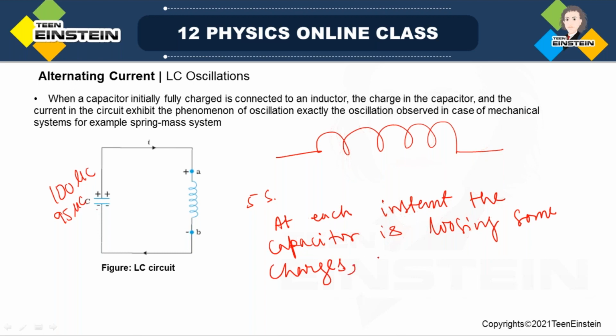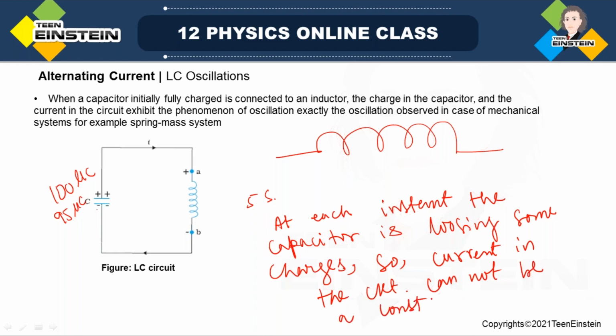So the current in the circuit cannot be a constant current. It will be a varying current.